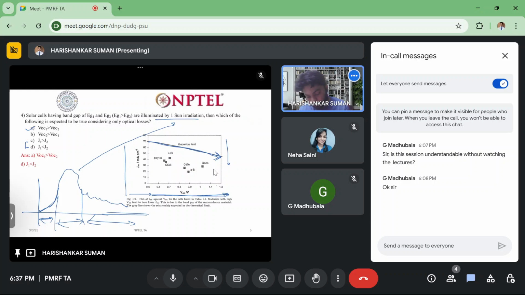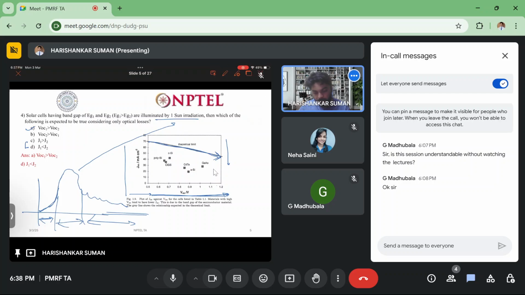We have to illuminate our solar cell with one sun radiation, equivalent power to the spectrum from the sun. In the visible range, you will get maximum intensity from the sun. After this, you have less intensity.